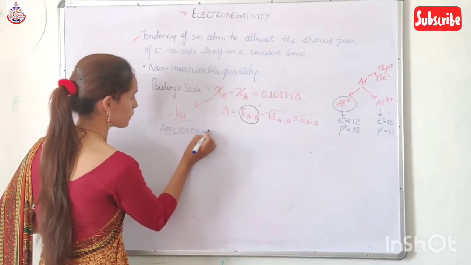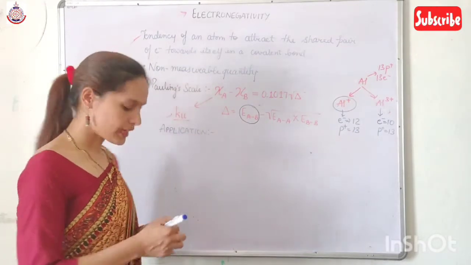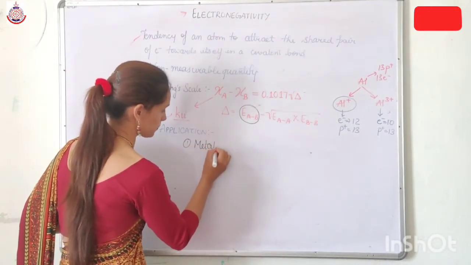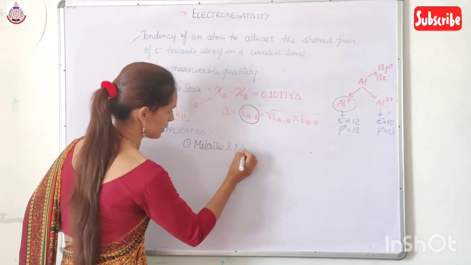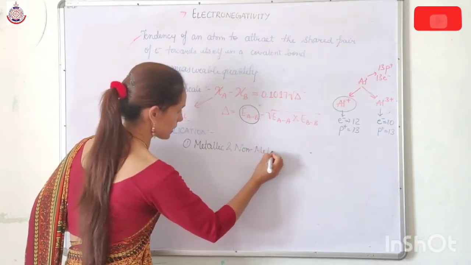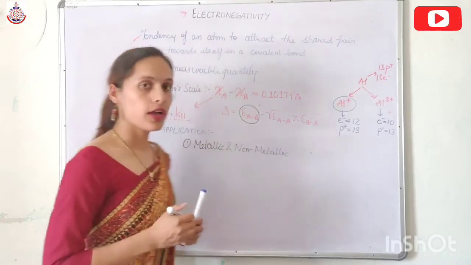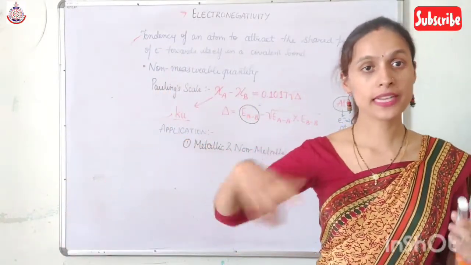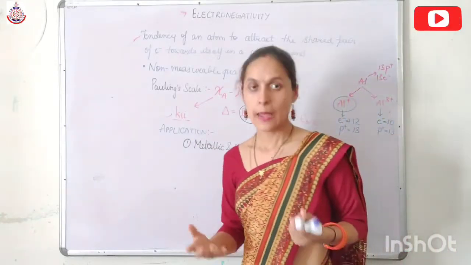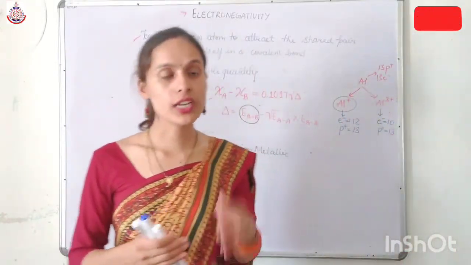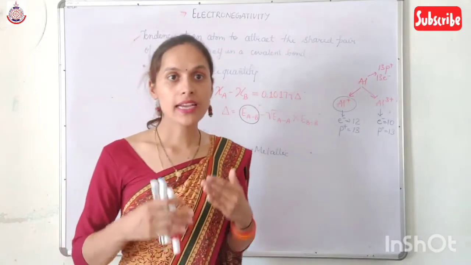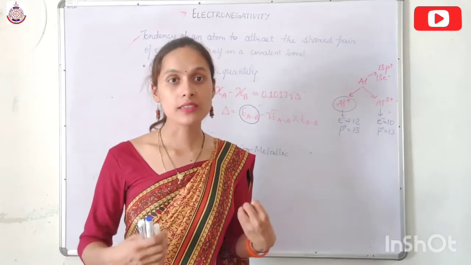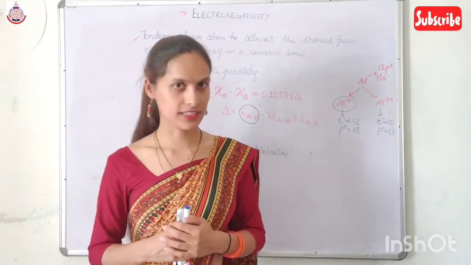with the help of electronegativity, we get to know about the metallic and non-metallic character. Now we are saying that as we move left to right in a period, electronegativity increases, meaning the tendency to attract the shared pair of electrons increases, which means non-metallic character increases.